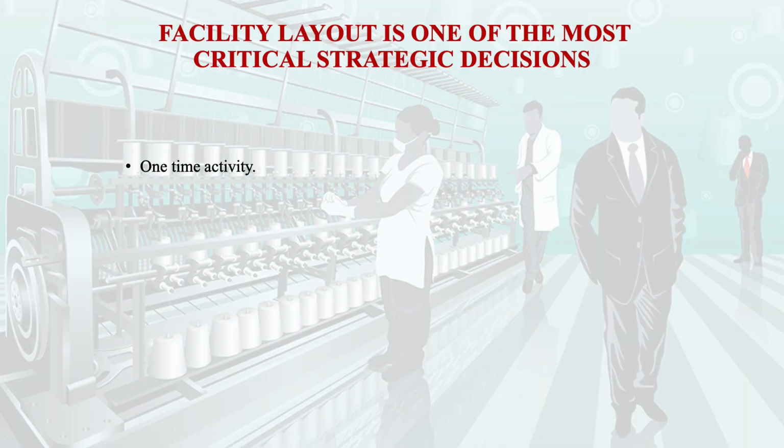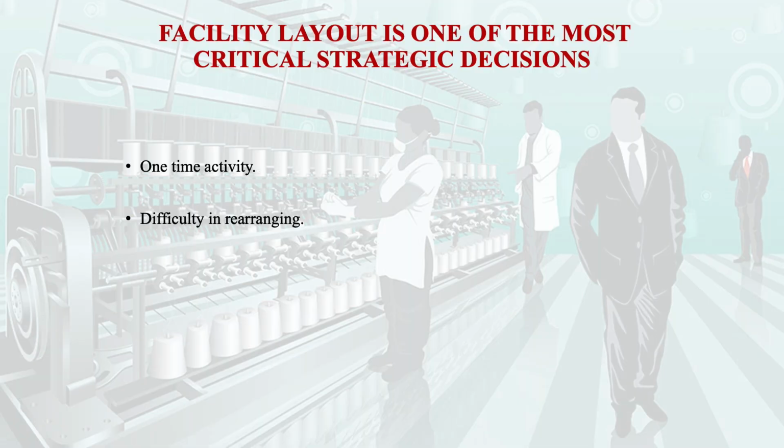Now, why is it so difficult, and why do we have to take particular precautions for this activity? The first thing is it is a one-time activity. If you make a theater, the facilities are not going to change. If you develop an airport, the facilities are not going to change.